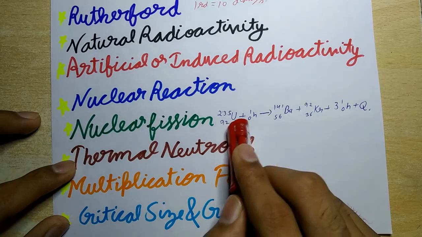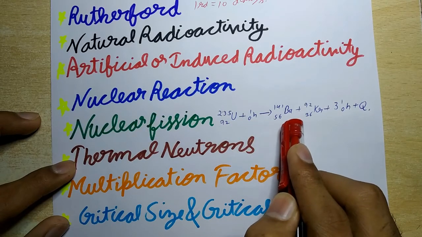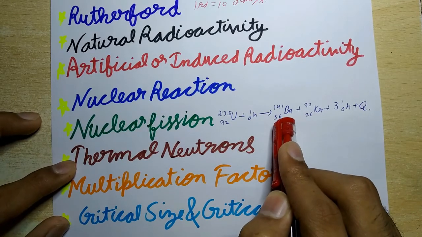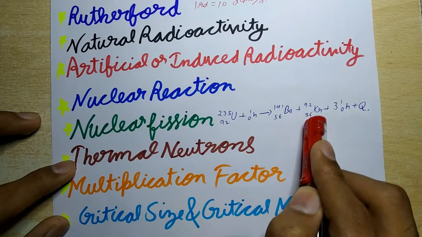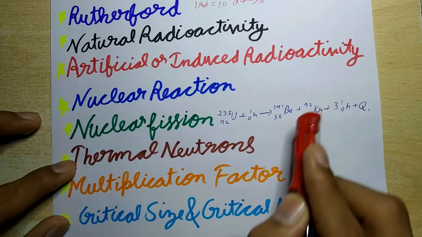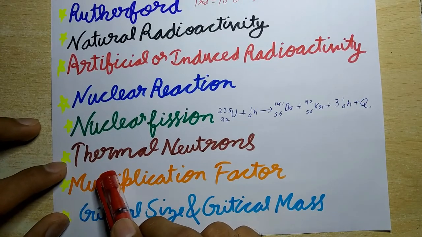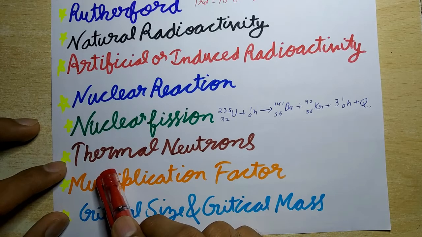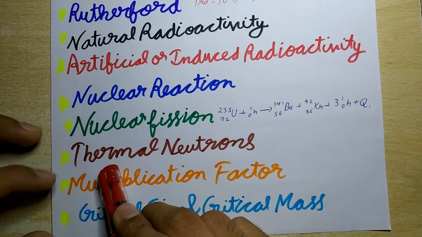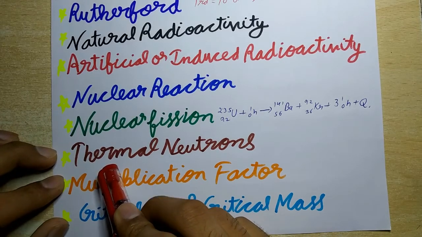For example, uranium 235 plus 1 neutron gives barium 141 and krypton 92 plus 3 neutrons and some energy. Now next is thermal neutrons. These are the slow moving neutrons of energy 0.0253 electron volt, corresponding to the velocity of 2200 meter per second.